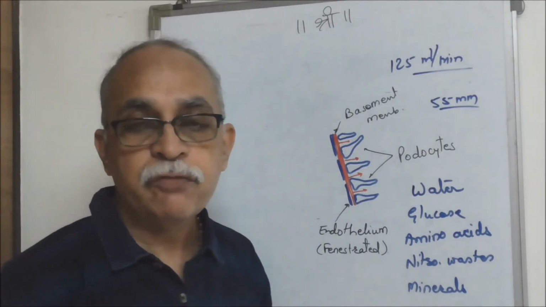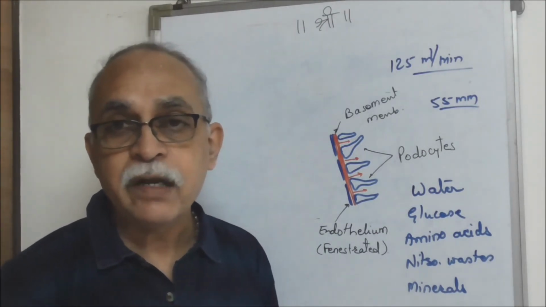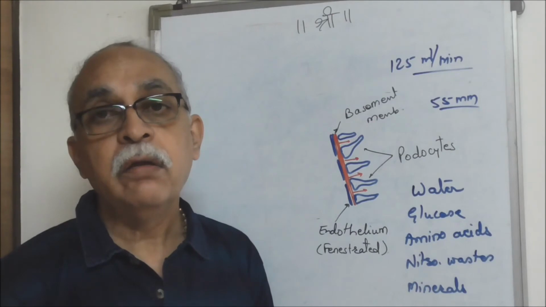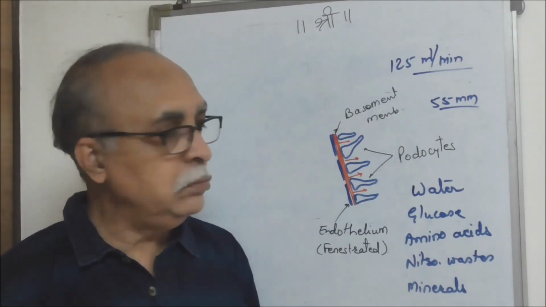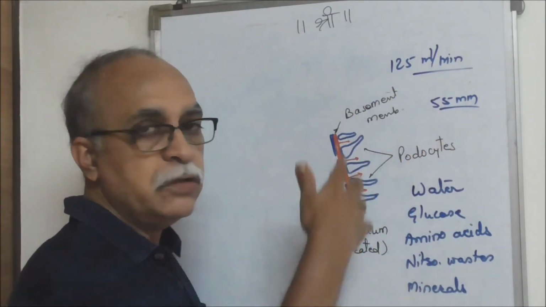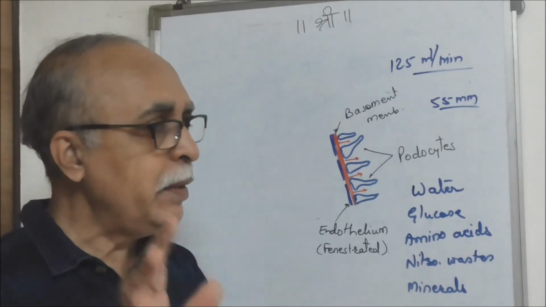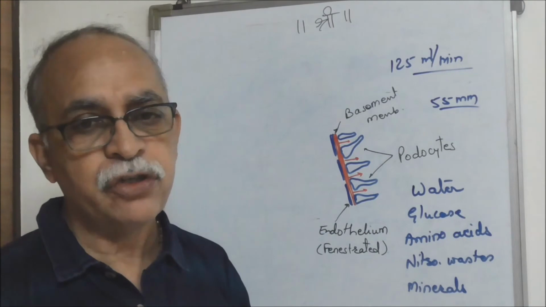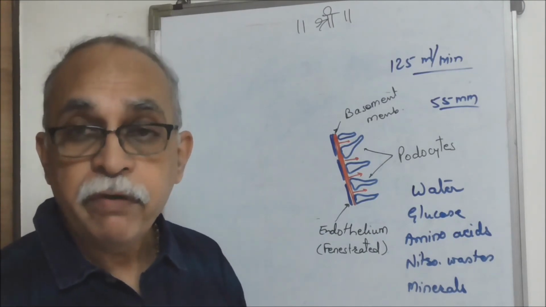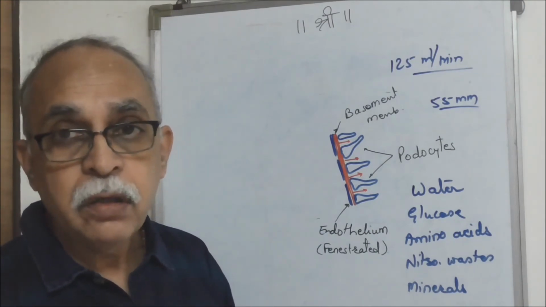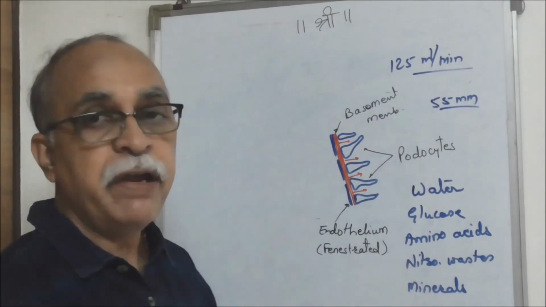In the rest of the capillaries, it's around 17 to 18 millimeters of mercury. So it's almost 3 times or a little more. Mind well, that would not be the pressure at which filtration is taking place. Filtration would be taking place because of many other factors.